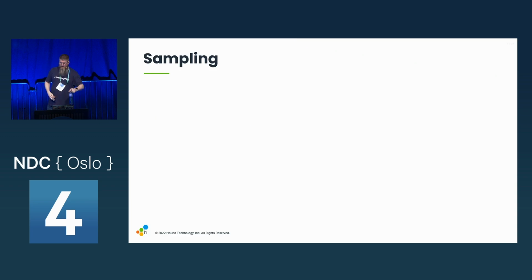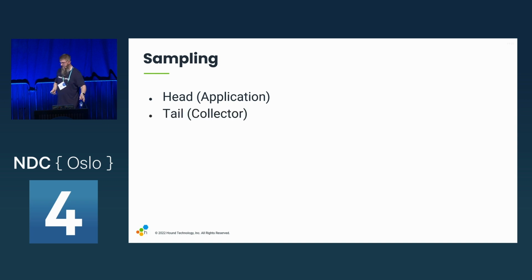Sampling is one of the key important parts of tracing. It's how it differs from logs, because sampling has two different parts. We can do head sampling, which happens at your application level. And we have tail sampling that happens after all of the spans have come through for a particular trace.